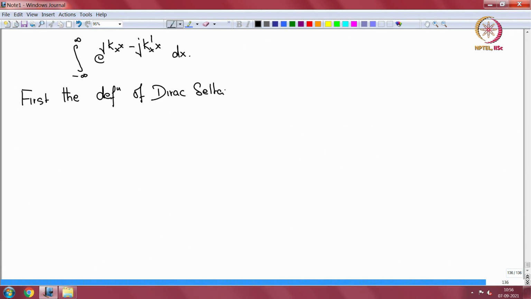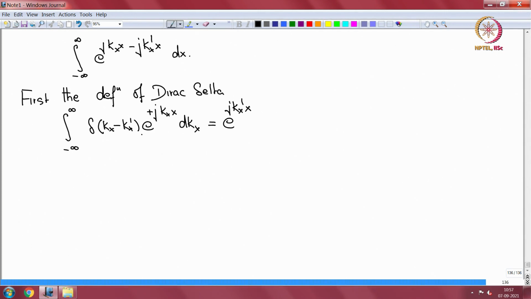If we have an integral minus infinity to infinity delta of kx minus kx dash e to the power plus j kx dash x dkx, just by the definition of delta, this becomes equal to e to the power j kx dash x.